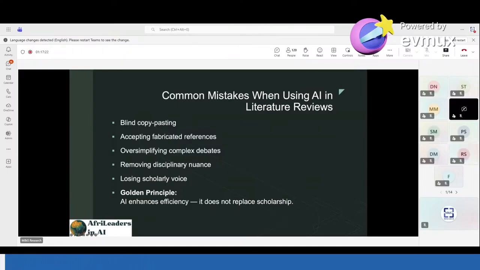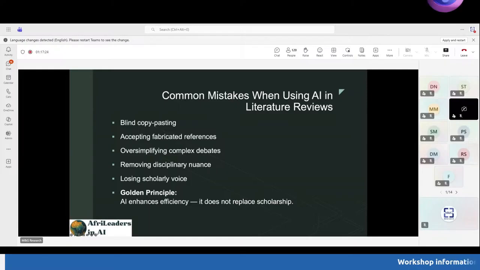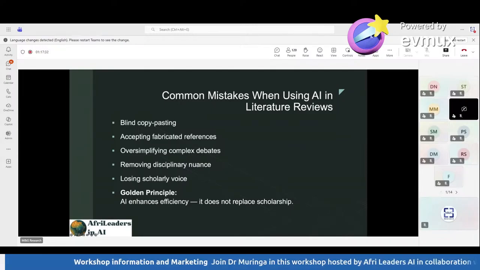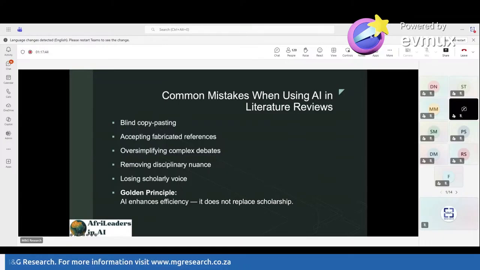We also need to be aware of oversimplifying complex debates, right? Generative AI, ChatGPT has a tendency of, excuse me, oversimplifying complex debates. They make them not thorough, right? They lack depth, right? And they are passed on as just statements, right?